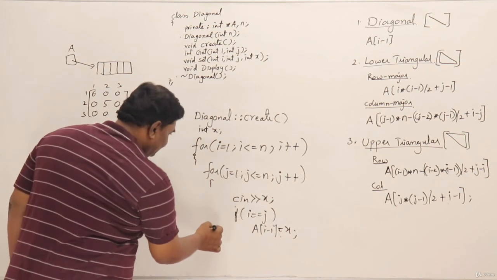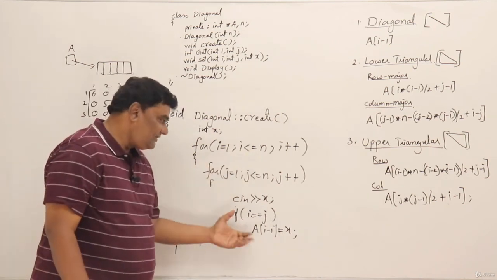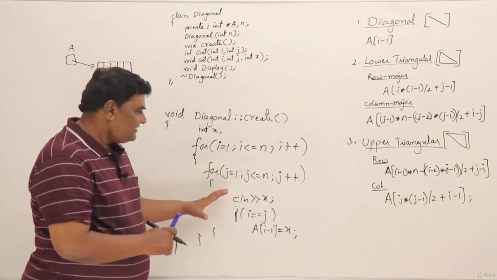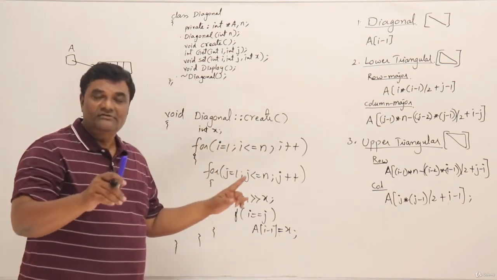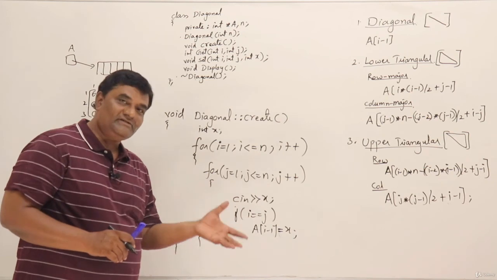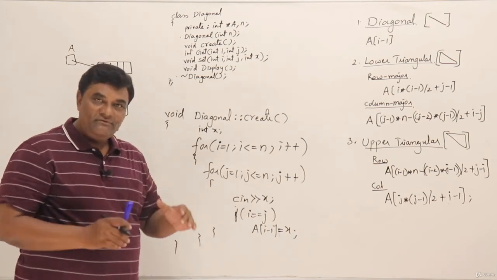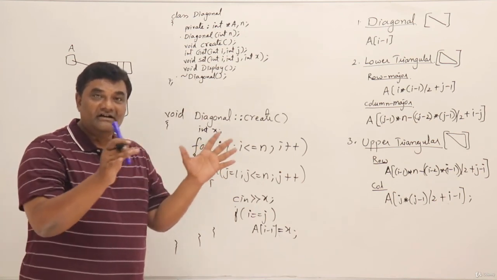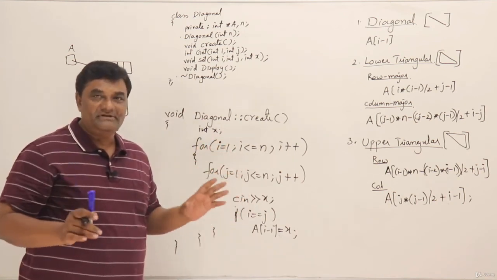Otherwise, don't assign anything, that's all. So this is how I have written. See, one thing here. I am trying to take all the elements of a diagonal matrix, zeros as well as non-zeros. So I want the user of my program to feel as if he is entering entire matrix, complete matrix, all the elements.